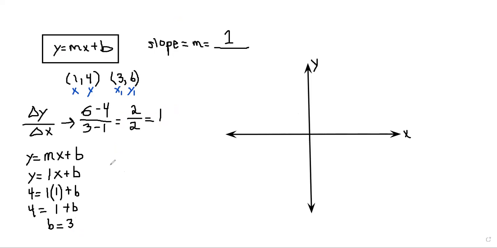Our slope-intercept formula equation is y equals, what was our slope? 1x plus, and our b down here was 3. Now remember, you don't need the 1. It's good for figuring stuff out, but when you get to the final stuff, you can drop the 1 and just put x plus 3.